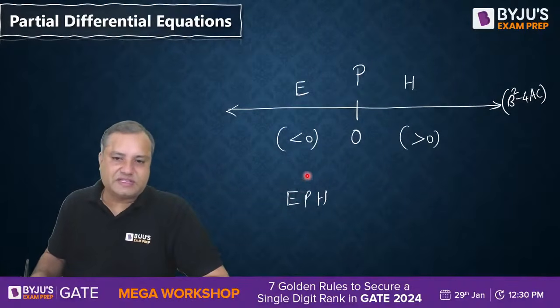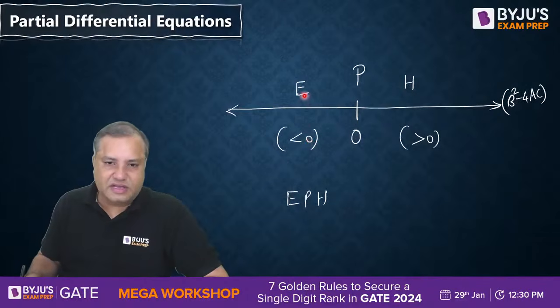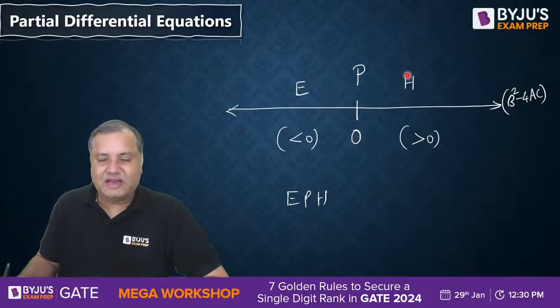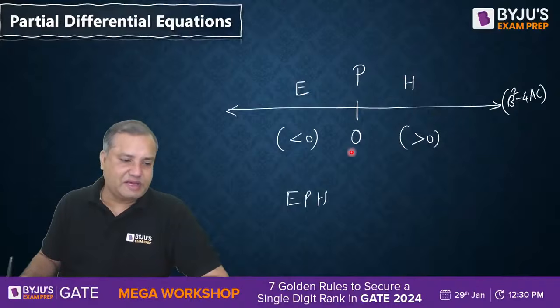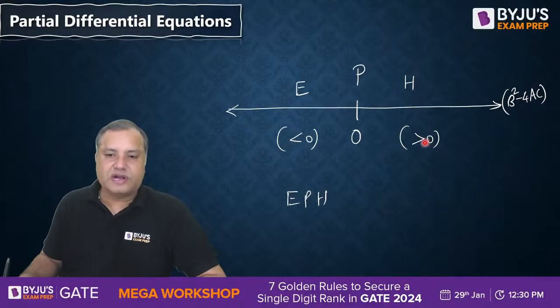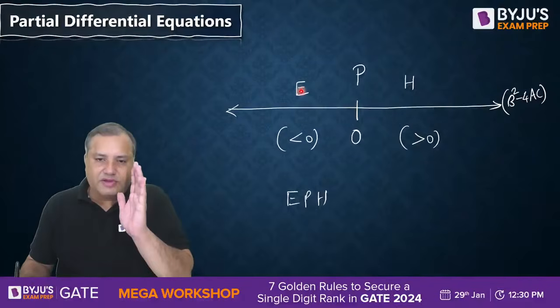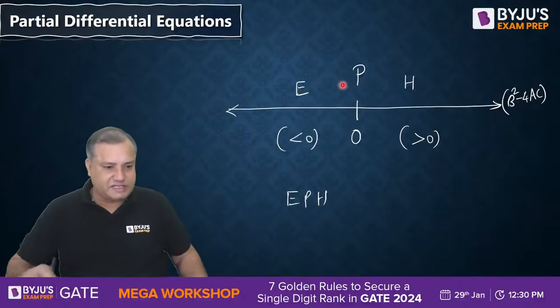E will come first, that is elliptic, less than 0, then P, parabolic, then H means hyperbolic. So less than 0, equal to 0 and greater than 0, this is the sequence. Then you can remember the sequence EPH. That's it.